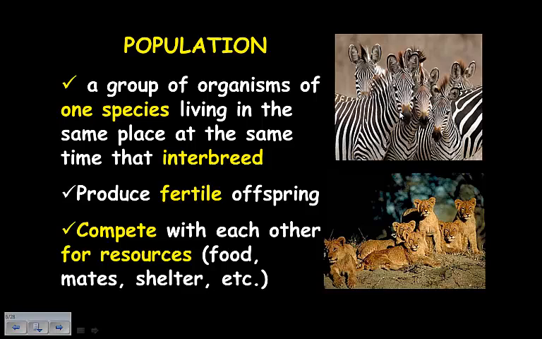For example, you would all be ninth graders, so that would be one species at Hewitt-Trussville High School in 2014. You'd be a population of ninth graders because you're one species at the same place at the same time. Now the whole interbreeding thing, we're not going to include with our ninth graders because it's not happening. But the other piece of information related to a population is that they produce fertile offspring, which means they can have babies.